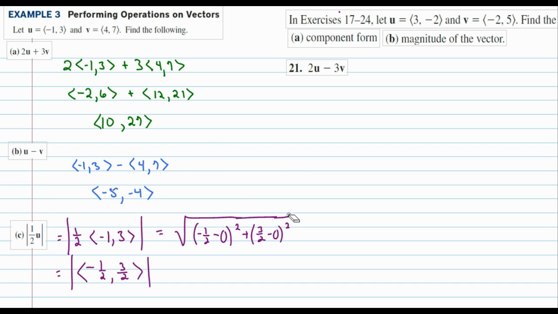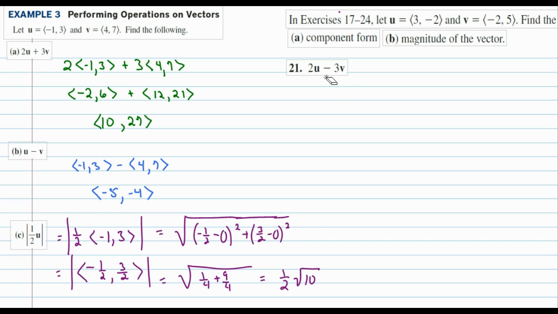So I took the square root of a squared plus b squared, and I get the square root of 1/4 plus 9/4, so 1/2 times the square root of 10. If the magnitude of a vector half the length of u is 1/2 square root 10, that means the magnitude or length of vector u then was square root 10.